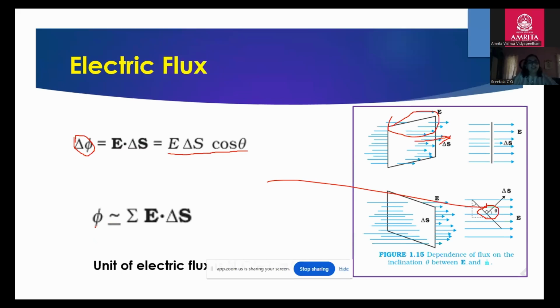The total flux is given by phi equal to sigma E dot ds, or the integral of E dot ds.